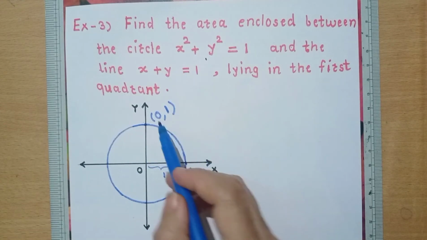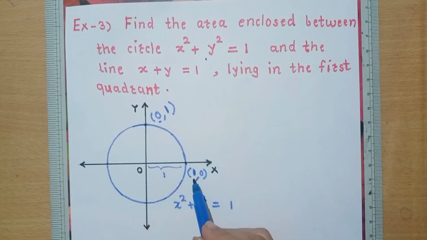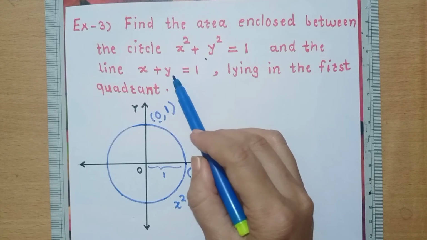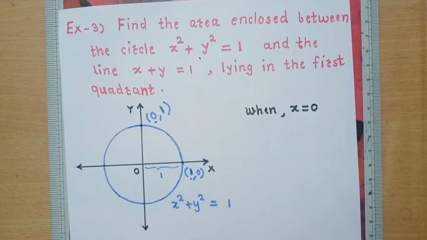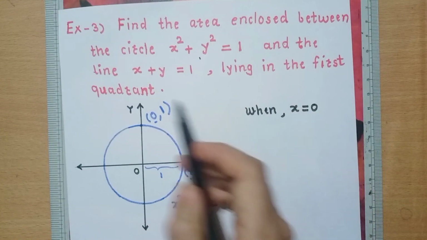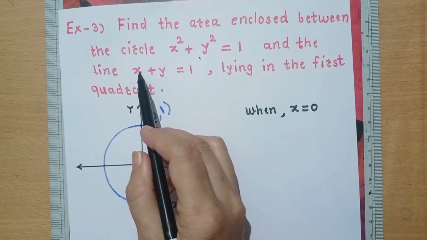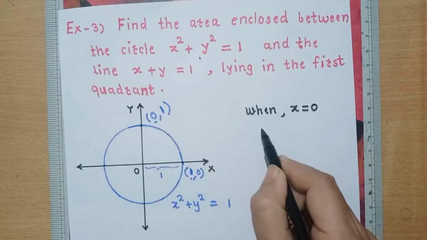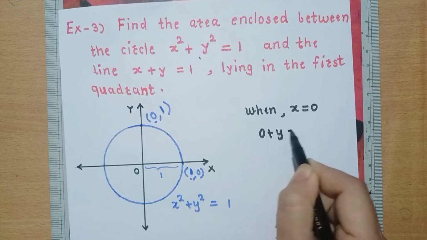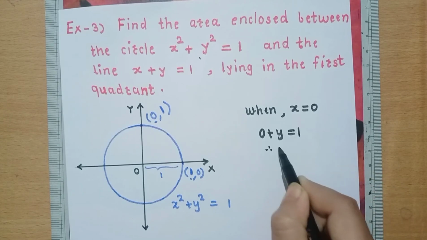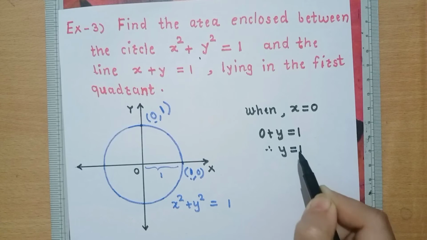Now we will use x coordinate 0 and x coordinate 1, and we will find out the value of y for this line. When x equal to 0, check the line here. We will substitute here 0. So 0 plus y is equal to 1, and therefore y is equal to 1.